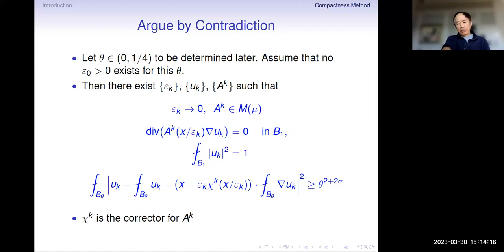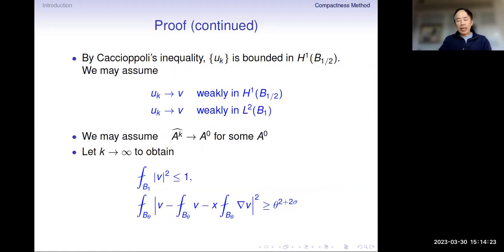And the other term, because sigma epsilon k converges to 0, brings that term away. What you are left with is this inequality. The corrector is gone because the corrector has a coefficient epsilon k. And here is the place to find a contradiction.